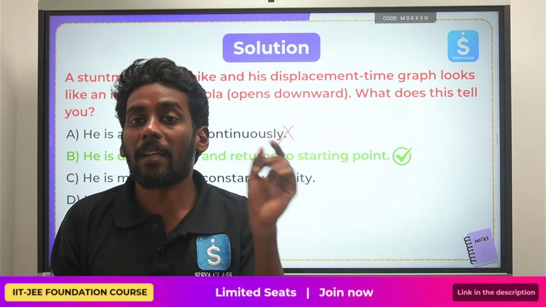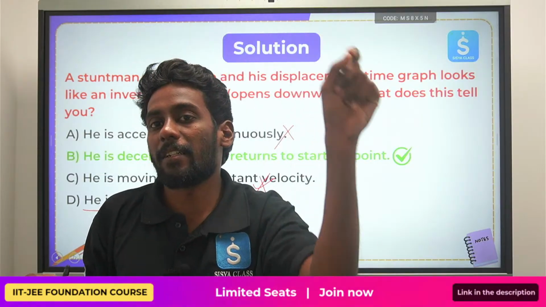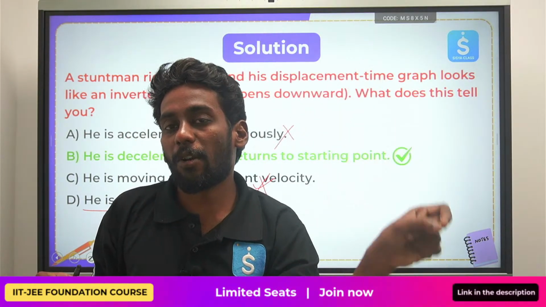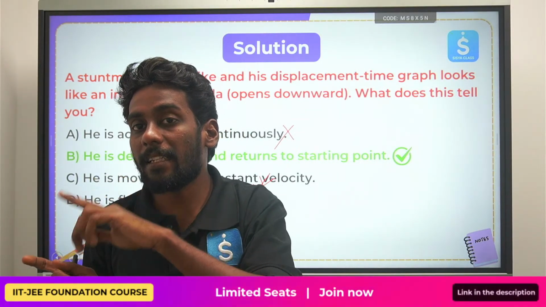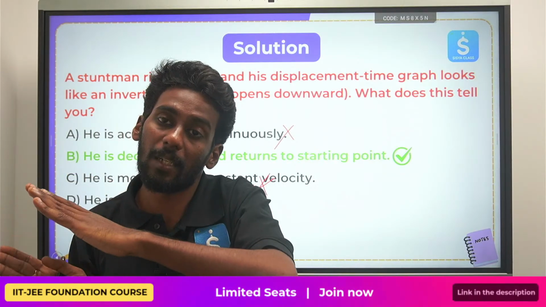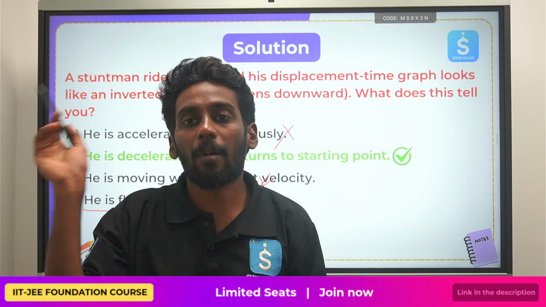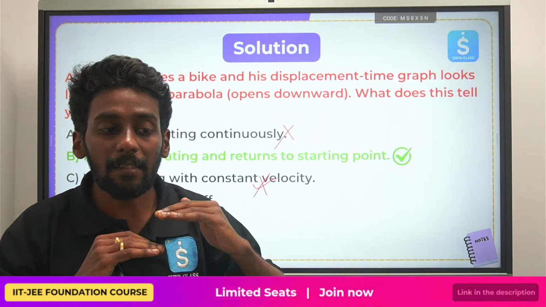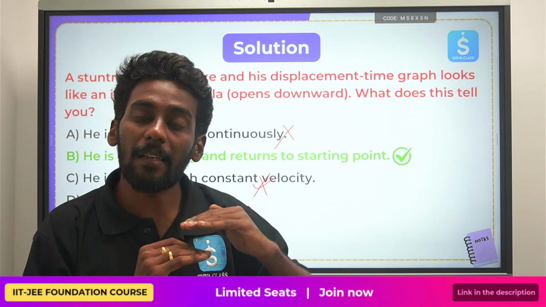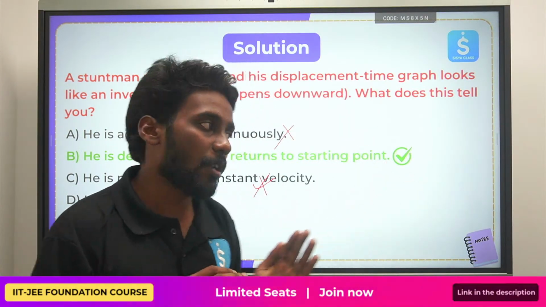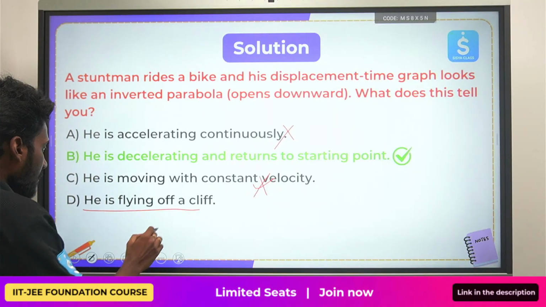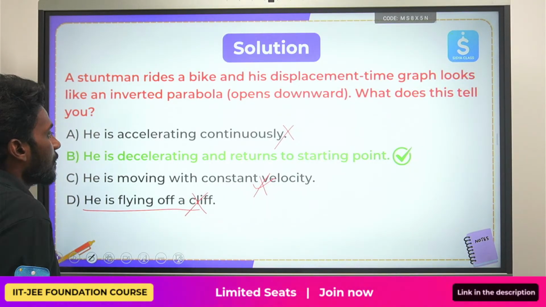But here, as per the graph, the stuntman returned to the 0 meter mark. It means again he has returned to the same position where he started. So it is not possible if he is really jumping off a cliff, right? So this also is not the right answer.